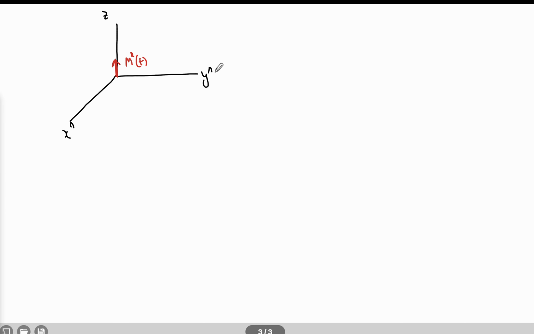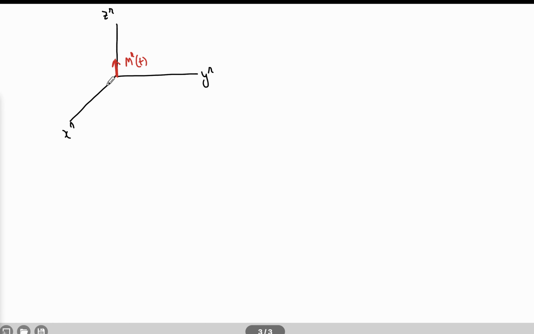This is rotating. So now if you are applying a B1 field, there would be a B effective and this will now precess about B effective.